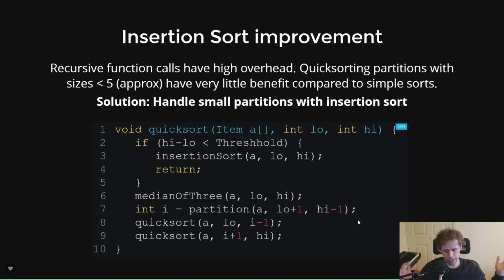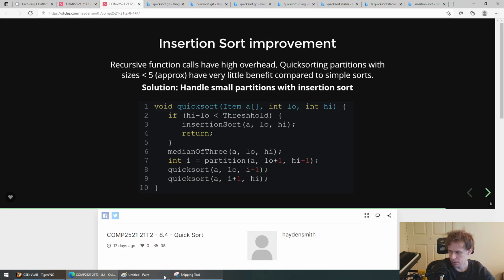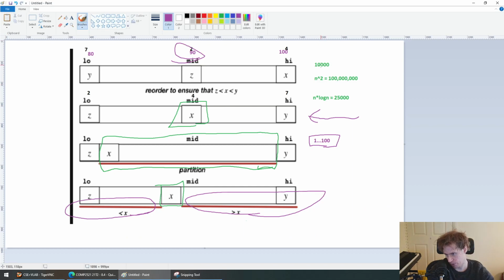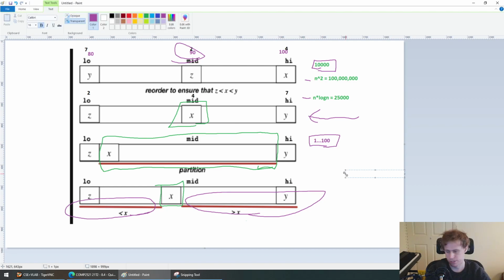Think about the costs: this is an insertion sort for 10,000 elements, and this is a quicksort for 10,000 elements. Massive difference. But what happens if I'm trying to sort 5 elements?